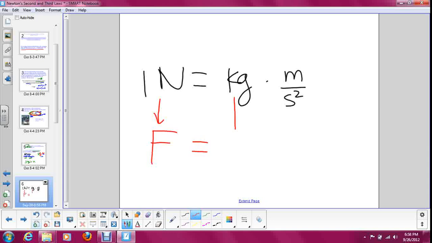This is equal to mass, which is measured in kilograms, times acceleration, which is measured in meters per second squared. So the units match the equation. Force equals mass times acceleration, so 1 Newton has to be equal to a kilogram times a meter per second squared.